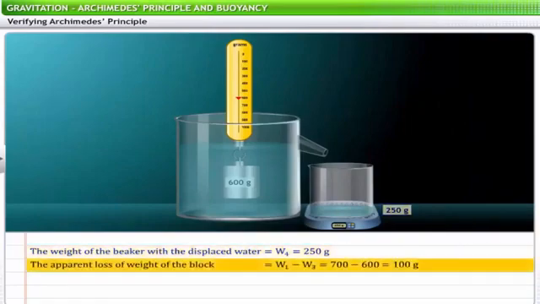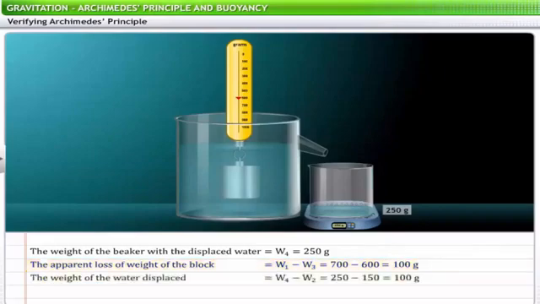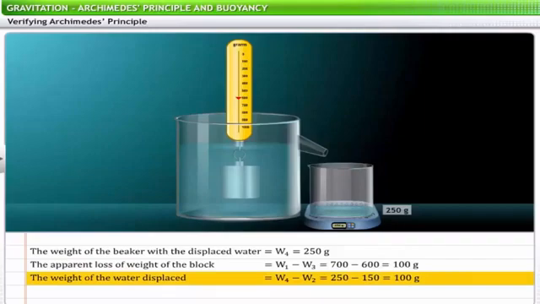Thus, there is an apparent loss in the weight of the iron block. The apparent loss of weight of the block is equal to W1 minus W3. This is equal to 100 grams. The weight of the water displaced is equal to W4 minus W2.